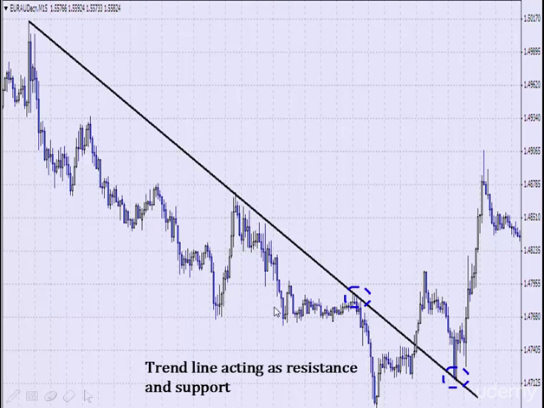We have the trend line acting as resistance, and we also have the tweezer top candlestick pattern, and the market fell. Here we have break of downtrend line. The market falls to the backside of the trend line, finds support, and begins to rally. Okay, so always remember, trend lines can act as both resistance and support.